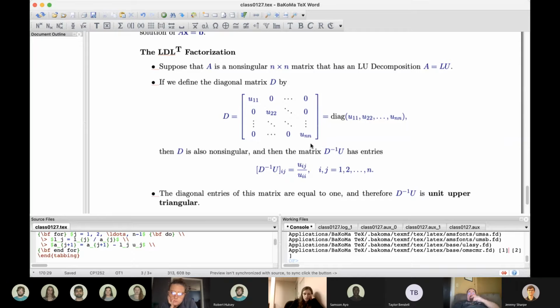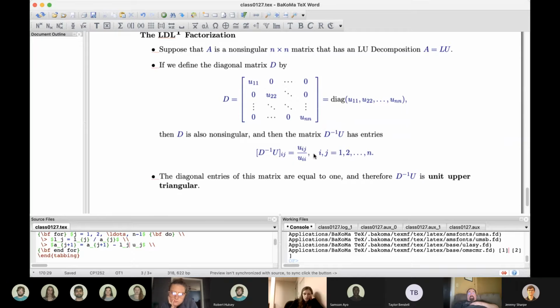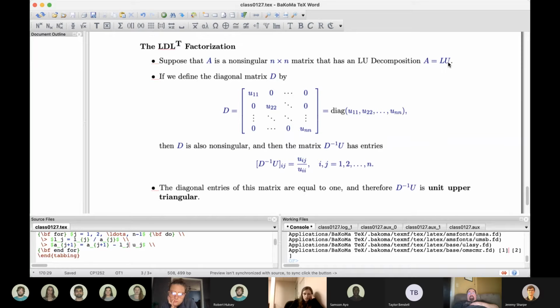So I can factor U into the product of this diagonal matrix D, and whatever's left over, which is D inverse U.